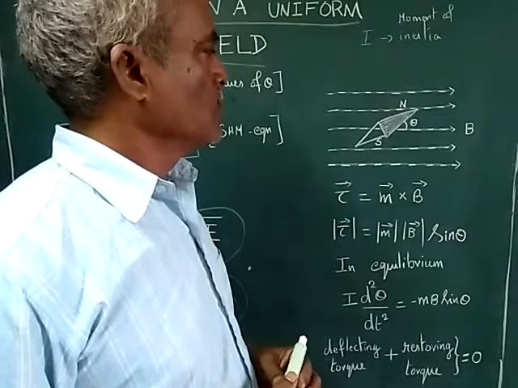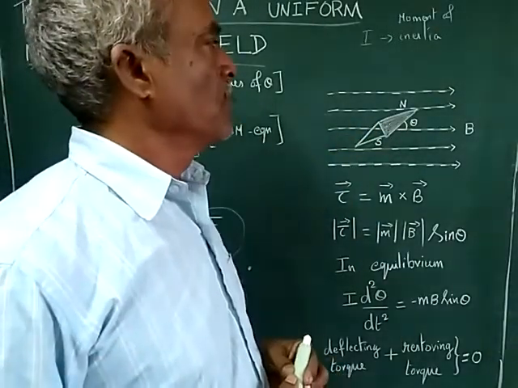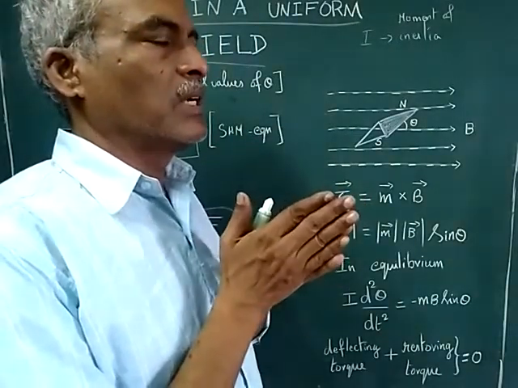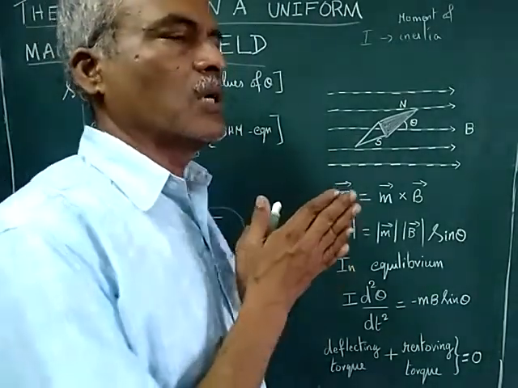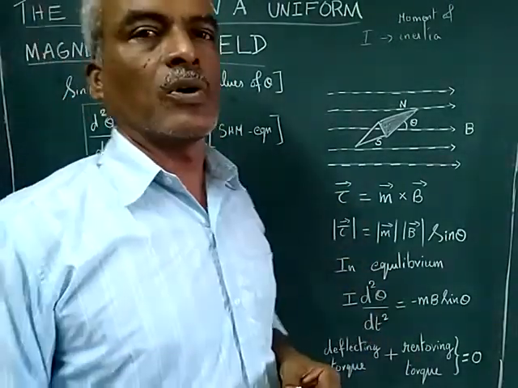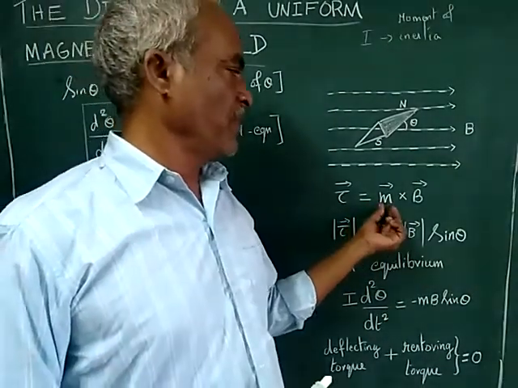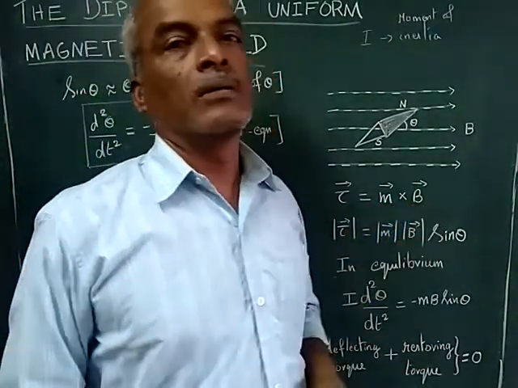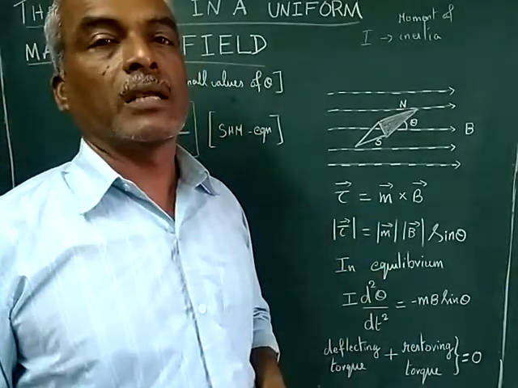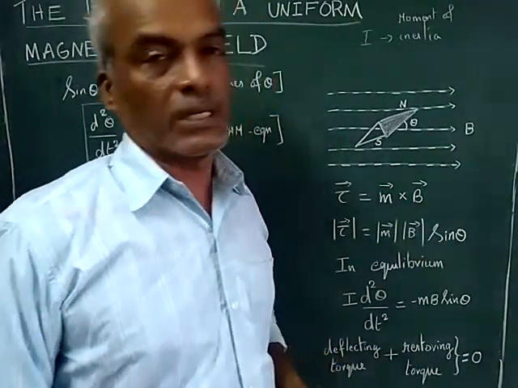Generally a torque is produced because the magnetic needle or magnetic compass will try to deflect, so there is a rotating torque. The general expression for the torque produced is tau equal to m vector cross product with B vector, where m vector is the magnetic moment vector and B is the magnetic flux density vector.